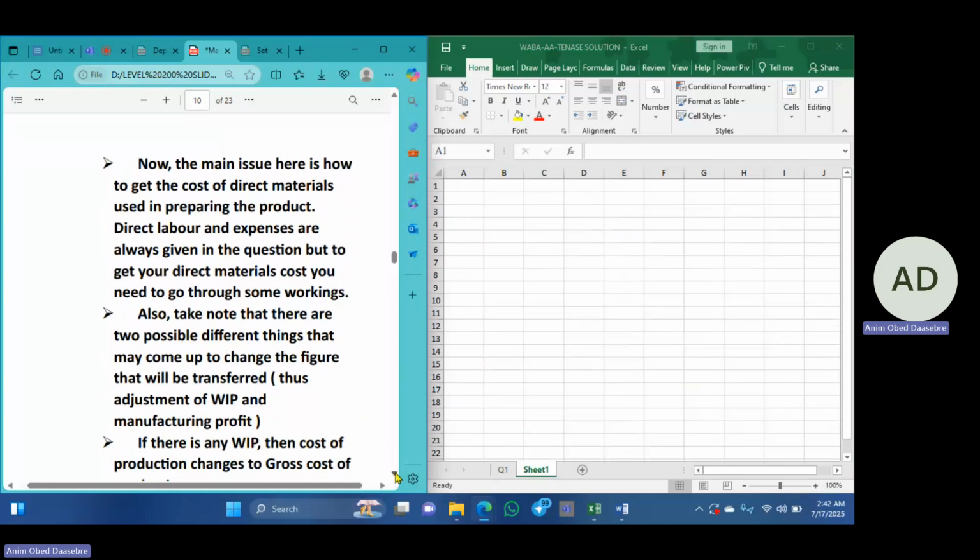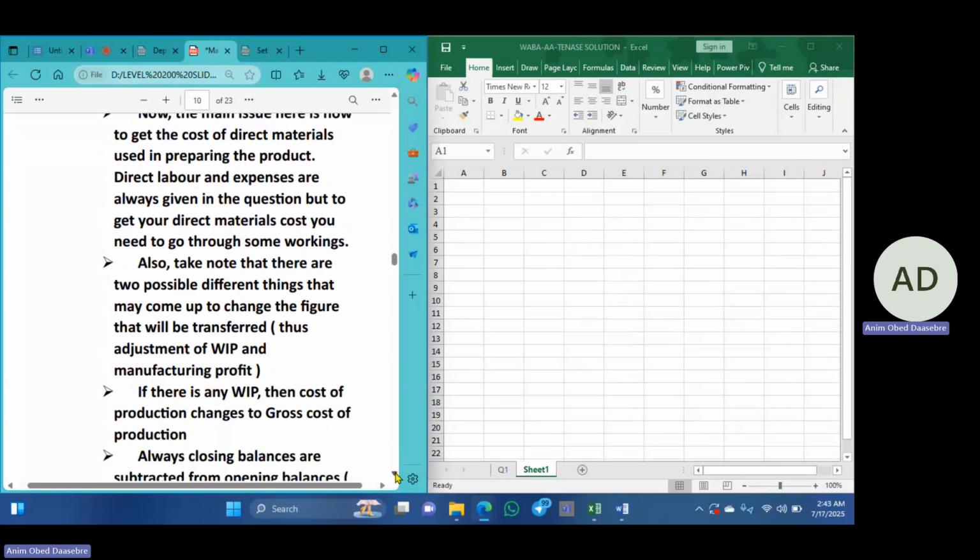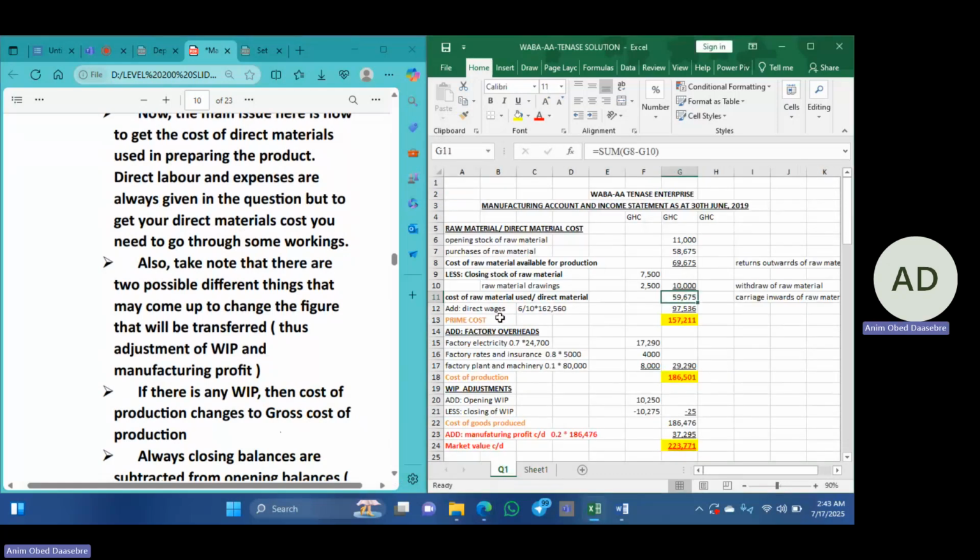So the cost of production, if there is some item that will change the figure that you are going to transfer to the right, and that is if there is any work in progress, then the cost of production will change to gross cost of production. So when there is any work in progress, the cost of production will change to gross cost of production, right?